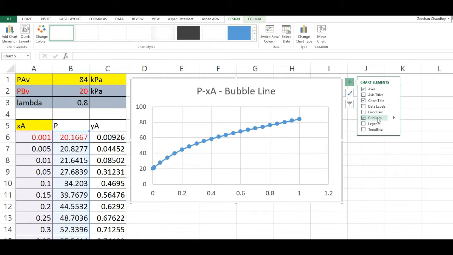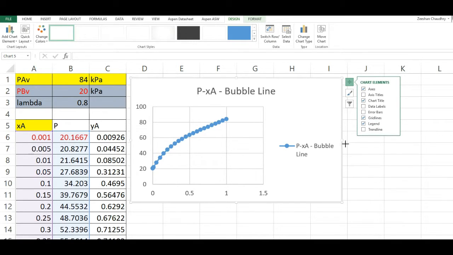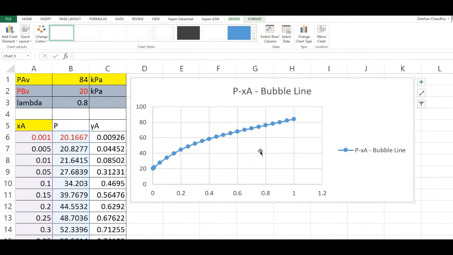And voila, what do you know? We got the Pxa diagram, or the bubble line. So we have half of the Pxy diagram. So let's go back and derive the Pya curve, or the dew line.